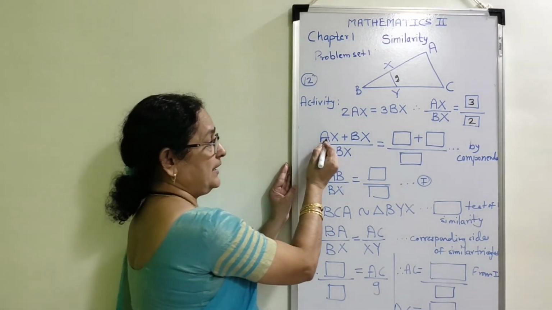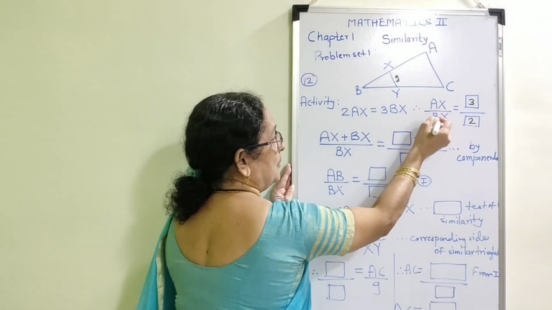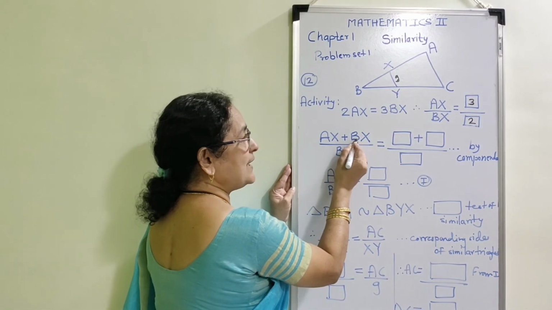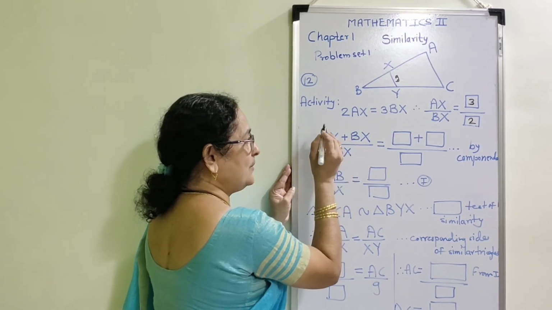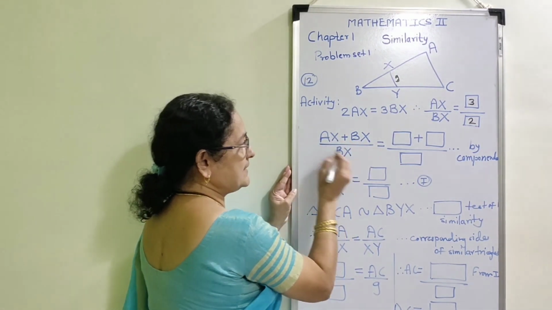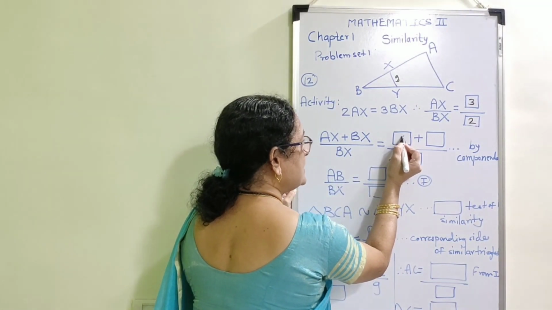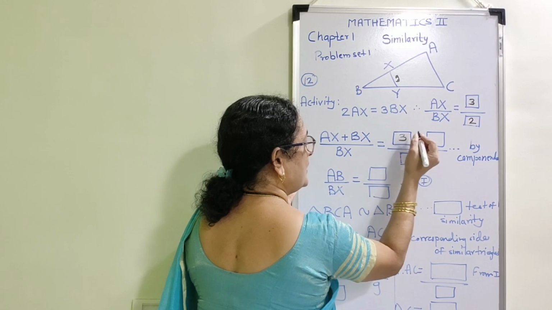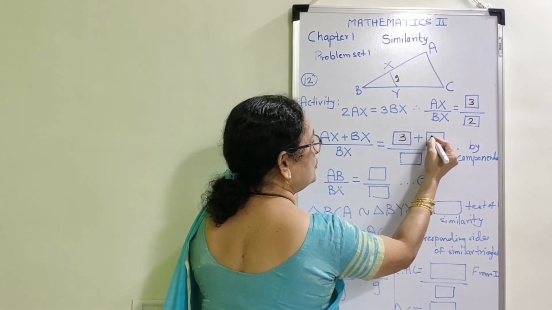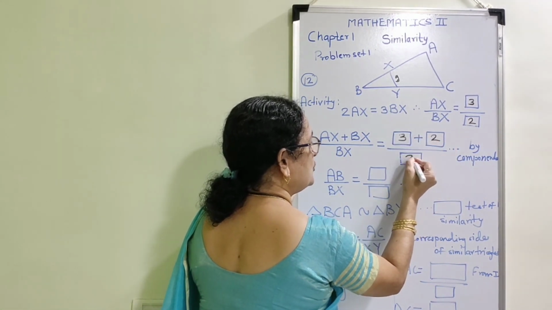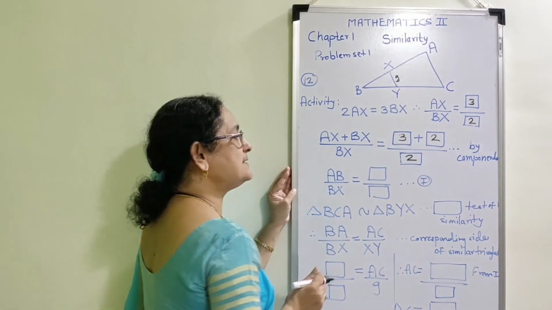Now here, AX upon BX, and therefore I am going to add the denominator BX to the numerator: AX plus BX upon BX. Here also my numerator is 3. I am going to add the denominator 2 to the numerator and keep the denominator as 2.